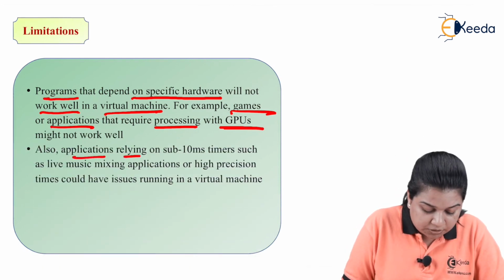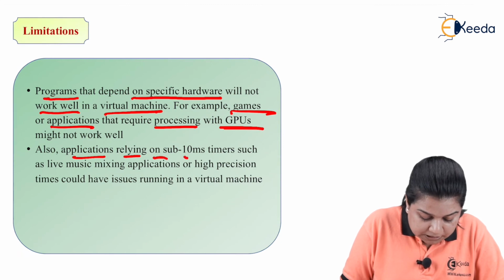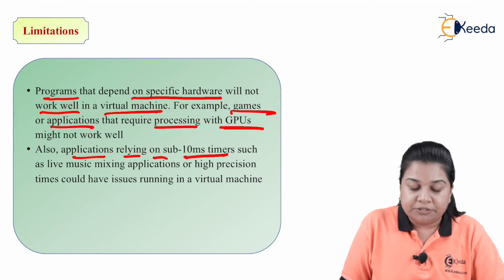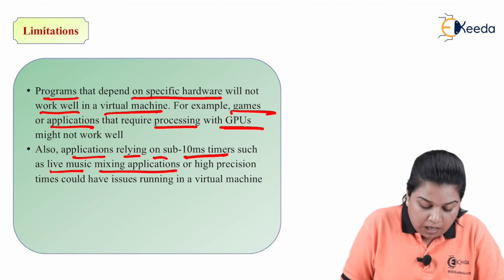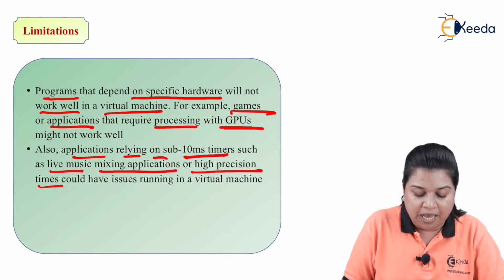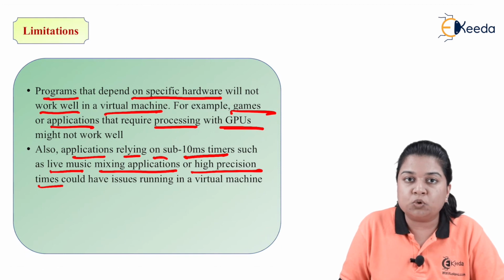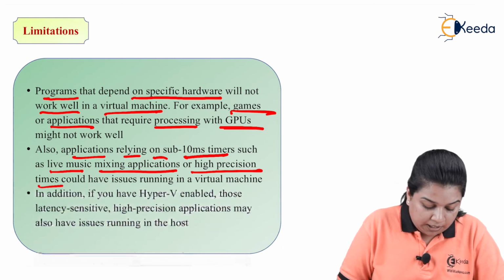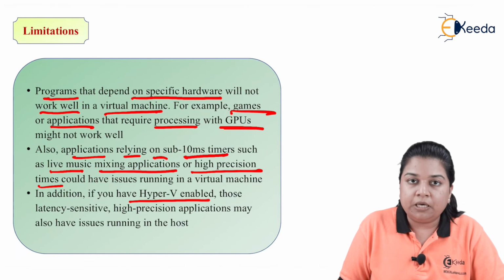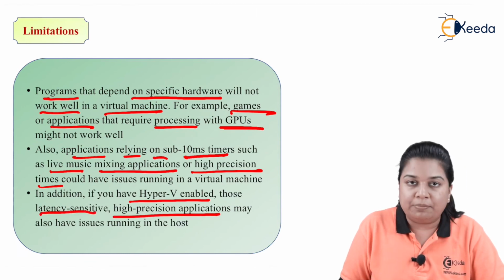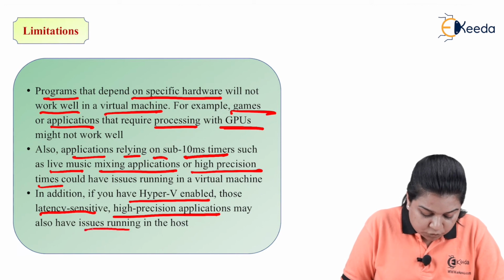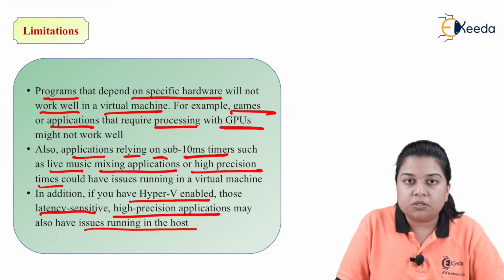Also, applications relying on sub-10 ms timers, such as live music mixing applications or high-precision timers, could have issues running in a virtual machine. In addition, if you have Hyper-V enabled, those latency-sensitive, high-precision applications may also have issues running in the host.